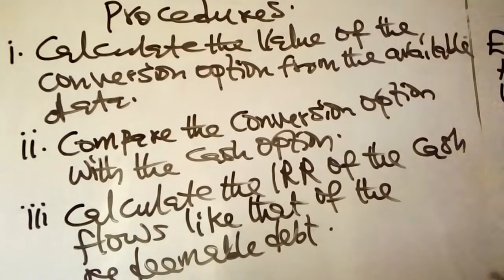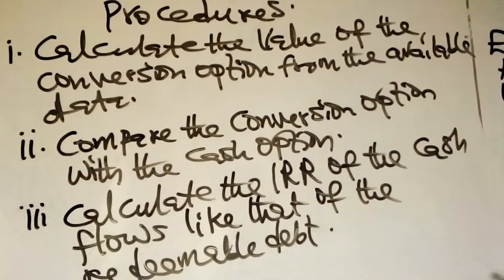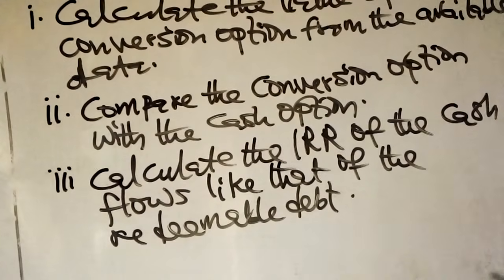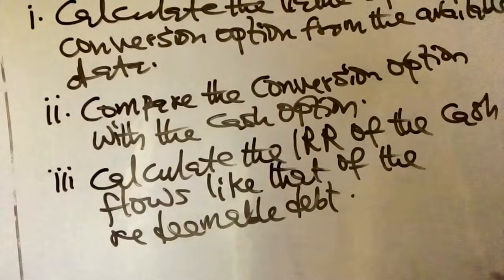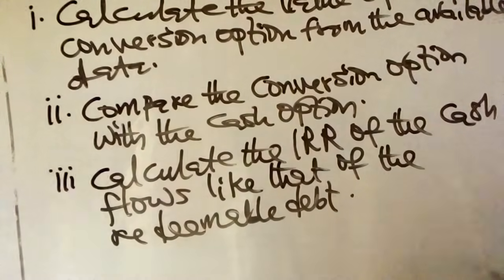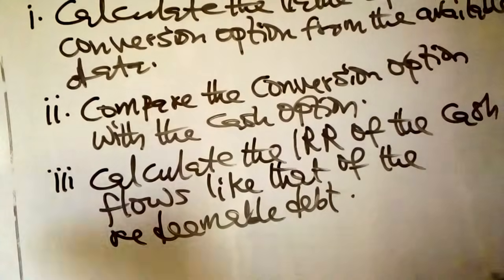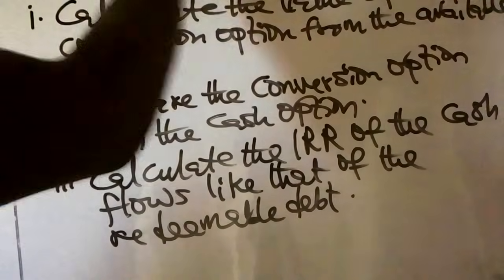Don't forget, I've explained the cash flows that will be used for the purpose of IRR. So note, there is no tax effect, whichever option is chosen at the date of conversion. Whichever option you use has no tax effect. Those are the procedures you need to follow when calculating the cost of convertible debt.